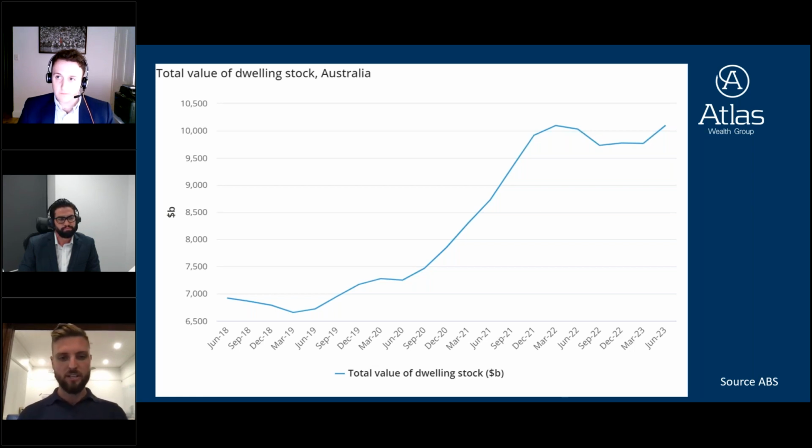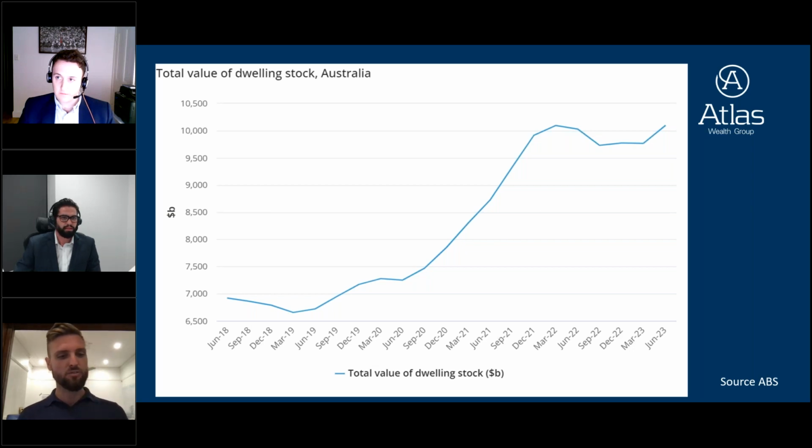We had some interest rate increases over that 12-month period, and there was a drop of about 5%. But as we can see from March of this year to where we're sitting right now in August, September, the housing market has had a bit of a reverse, and we're sitting back at levels that we were at in late 21, early 22.